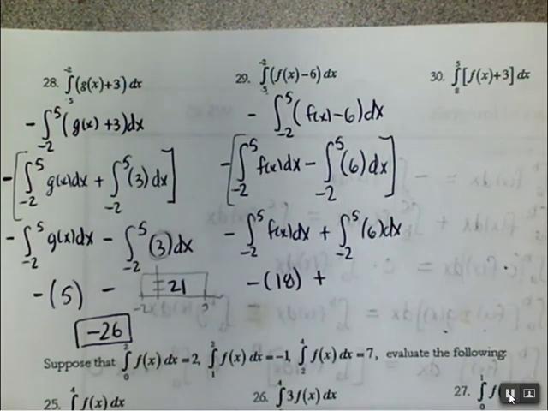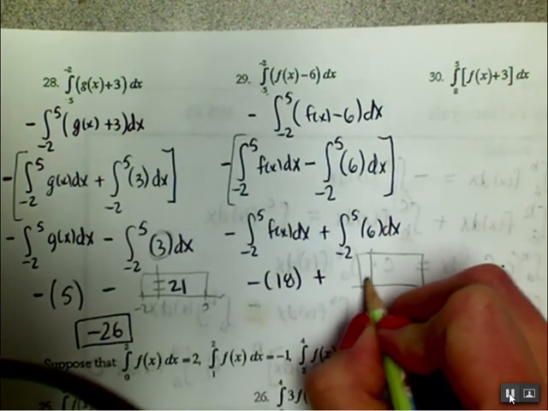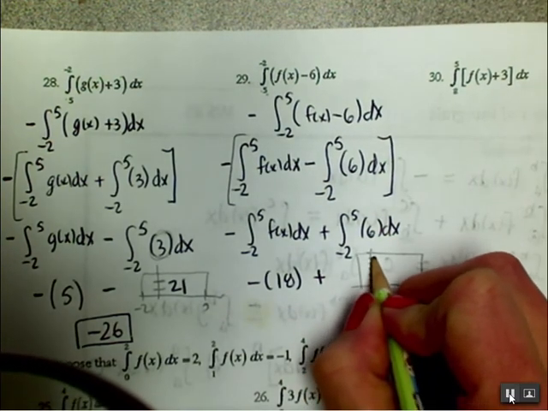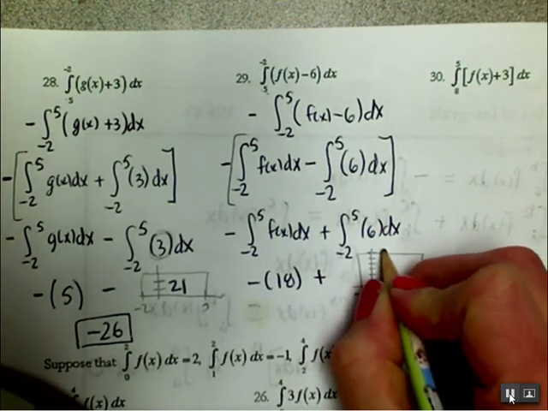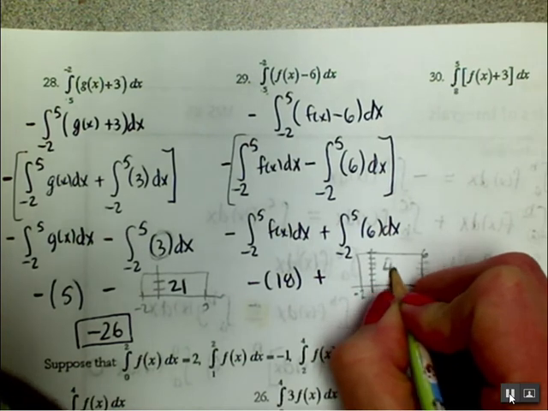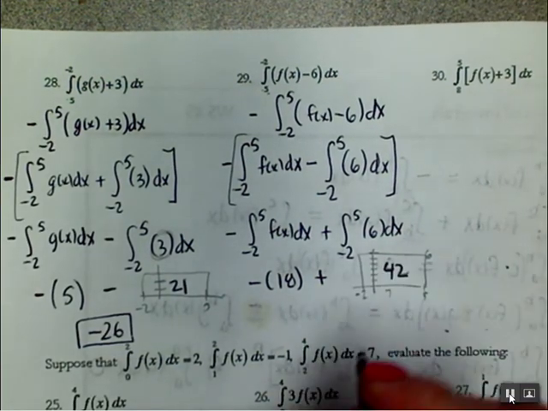Oh, that's a horizontal line. 7 times 6, 42, plus 42.